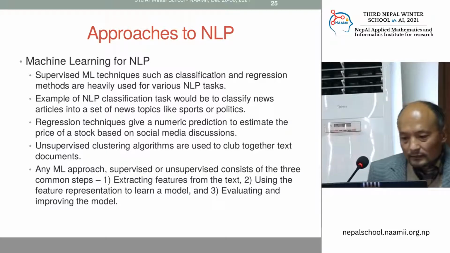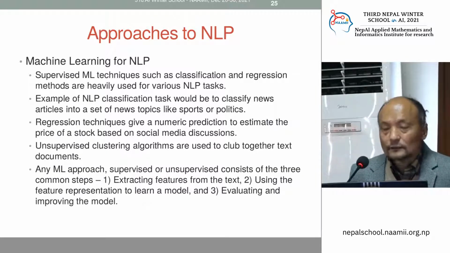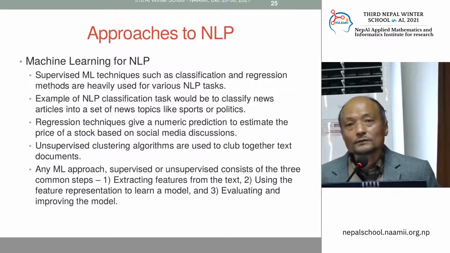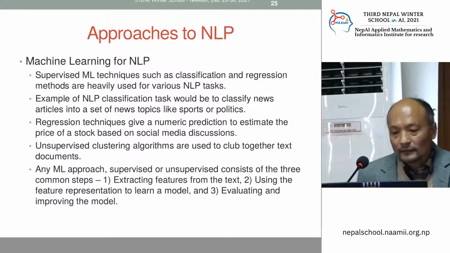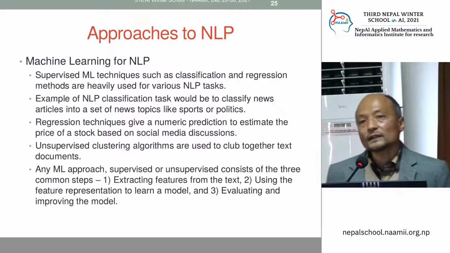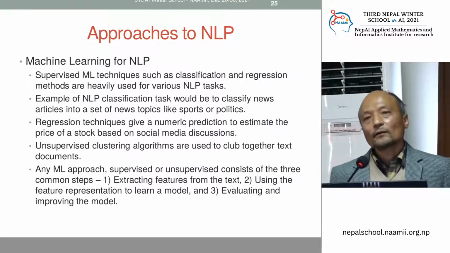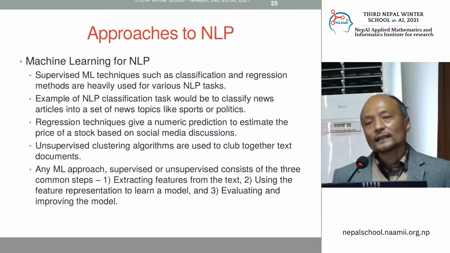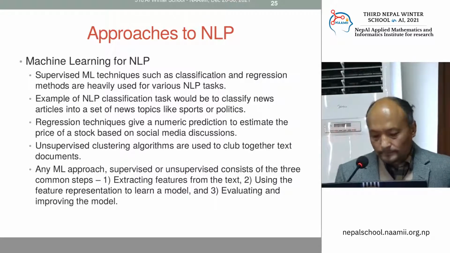Then, use the feature representation to learn a model. You need to represent those features to learn a model. And the third one is, you need to evaluate and improve the model. So these are the three steps of any machine learning model that we will be developing to solve NLP tasks or problems.